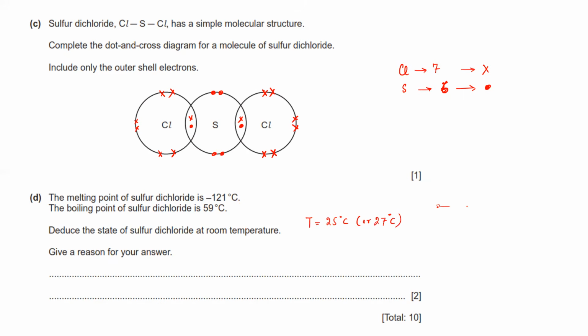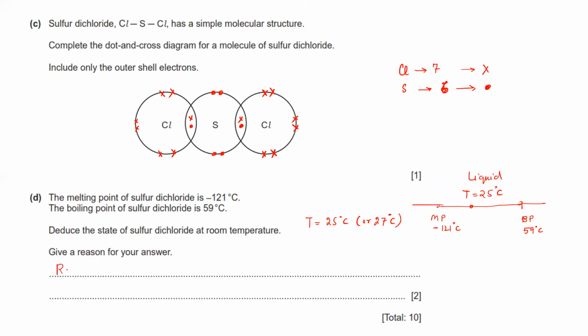So melting point is minus 121 degrees, and boiling point is 59 degrees. So room temperature is somewhere here. So this is 25. So this is in liquid state.